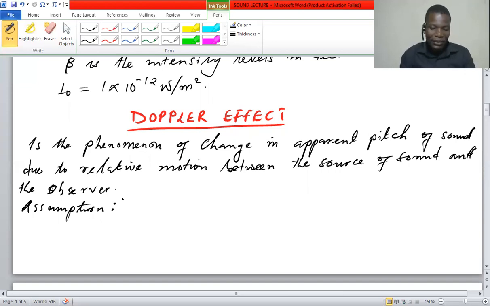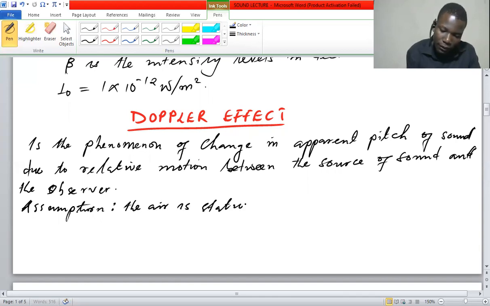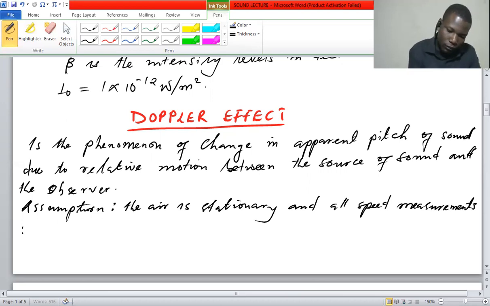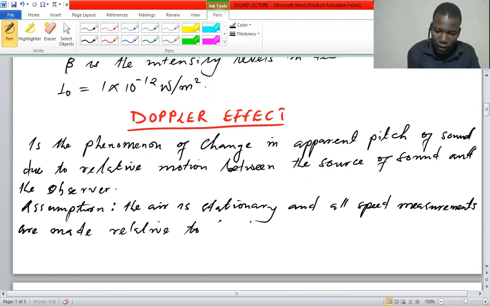So we make an assumption that the air is stationary, and all speed measurements are made relative to this stationary medium.